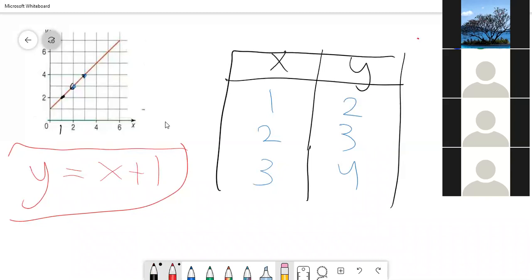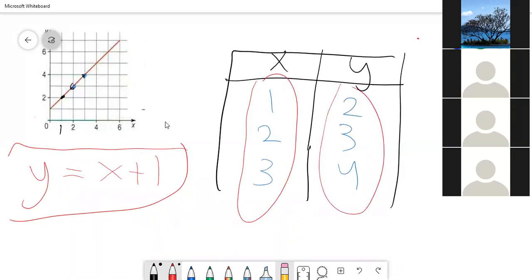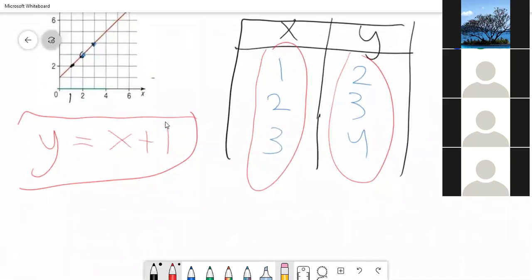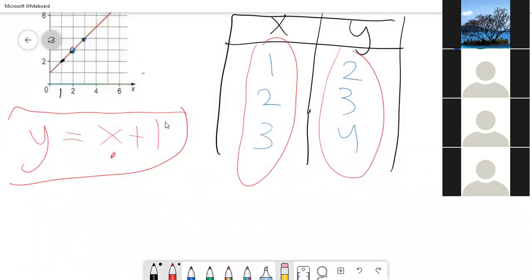We took some points from the line, and we came up with the rule of those points on the line. So whatever x is now is going to give me a value of y, right?